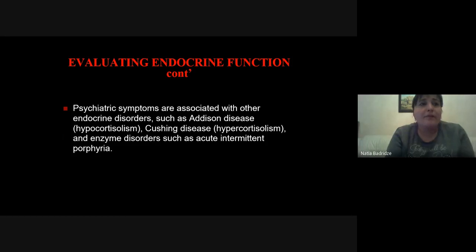There are some other endocrine disorders which might have associated psychiatric symptoms. These endocrine system disorders are Addison disease or hypocortisolism, Cushing disease, hypercortisolism, and enzyme disorders such as acute intermittent porphyria.